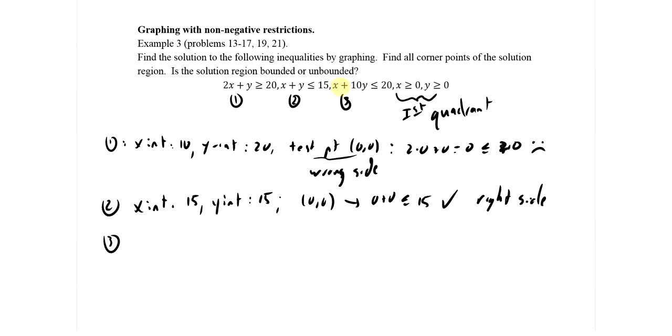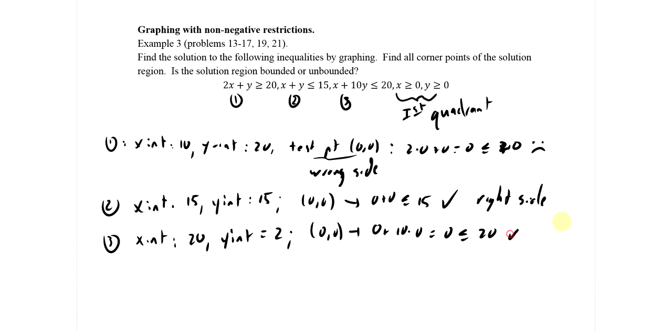And then 3, what's my x-intercept? x equals 20. What's my y-intercept? You set x equals 0, that gives you y equals 20 divided by 10, which is 2. 0, 0 is my test point. When I plug that in, do I get something less than 20? 0 plus 10 times 0 equals 0, which is in fact less than 20. So 0, 0 is on the right side of that line.